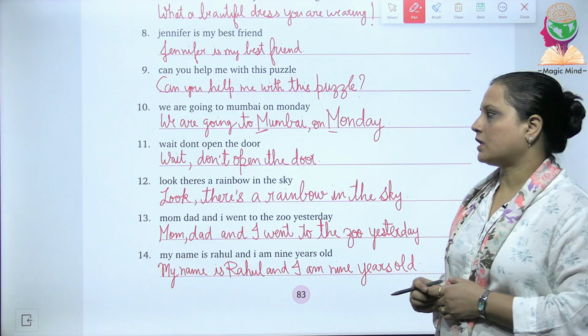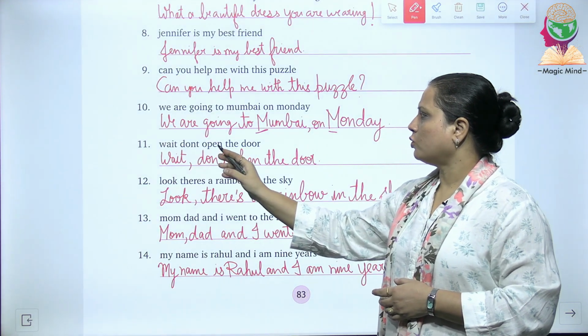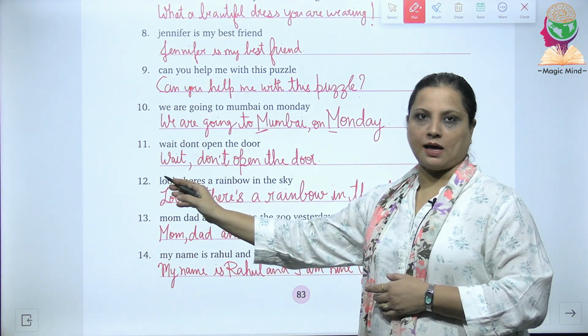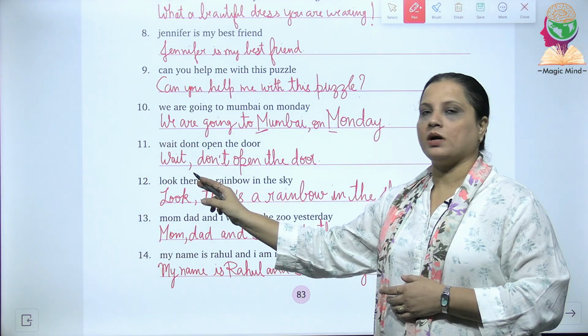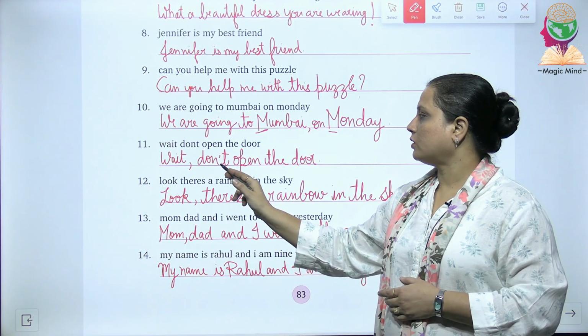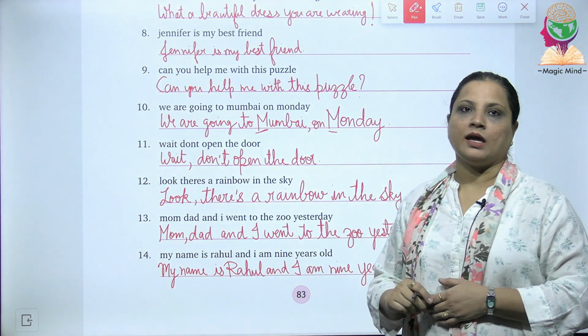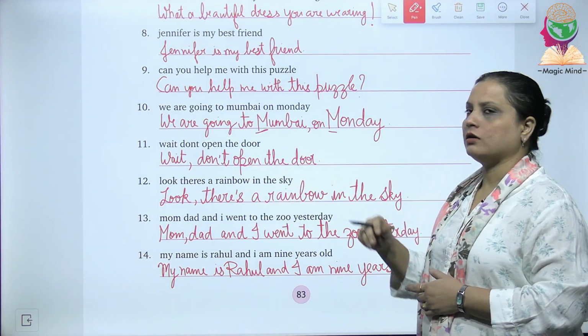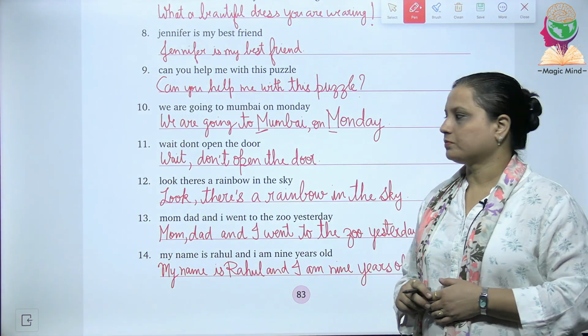Then the 11th sentence, "Wait, don't open the door." Now in this sentence, we'll write W in capitals, then we'll put a comma after wait, and in the word don't, we will put an apostrophe above the N. It becomes "Wait, don't open the door." and a full stop in the end.